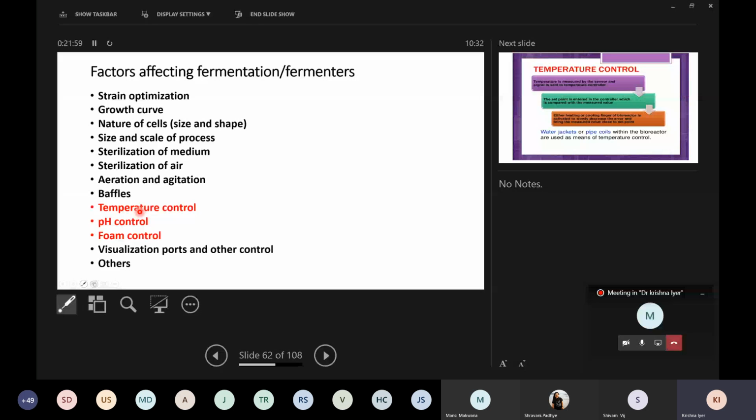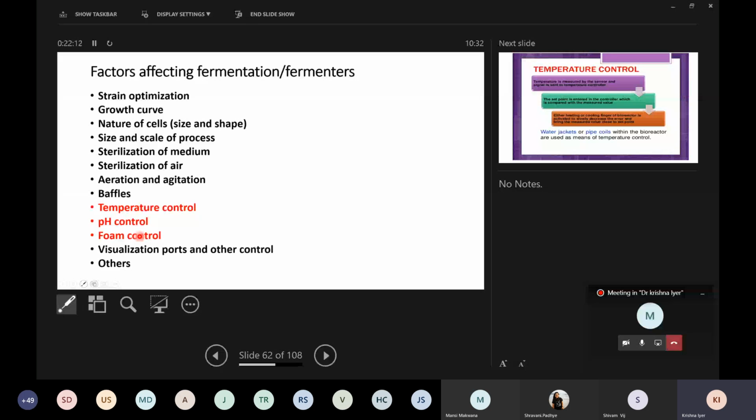So one other thing which is very important when you do fermentation, especially on a large scale, is to make sure the temperature doesn't go haywire, pH doesn't go haywire, and the foam is always kept in control.